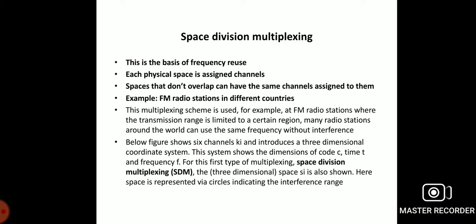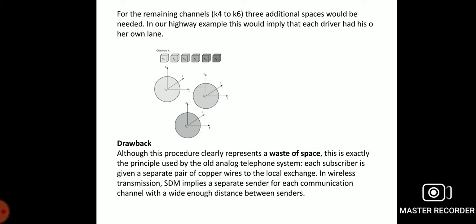Here we can see the figure. There are six channels, here K1 to K6, and we introduce a three-dimensional coordinate system. The system shows the dimensions of code C, time T and frequency F. So we can see the picture.